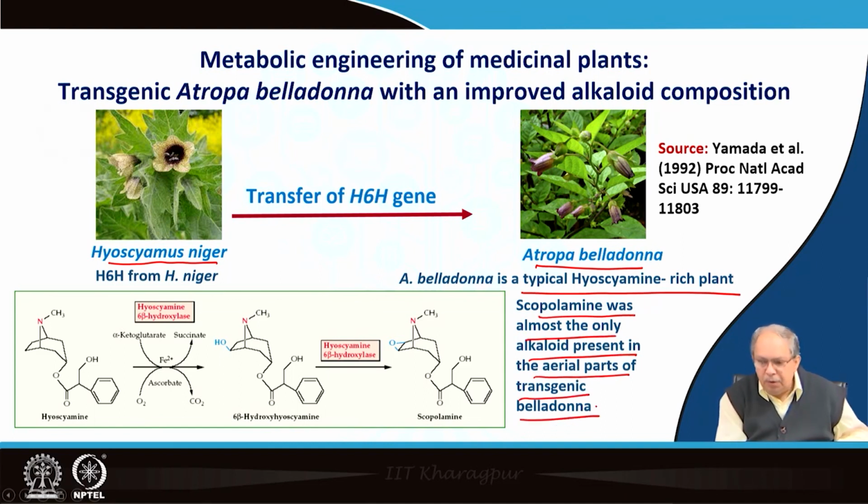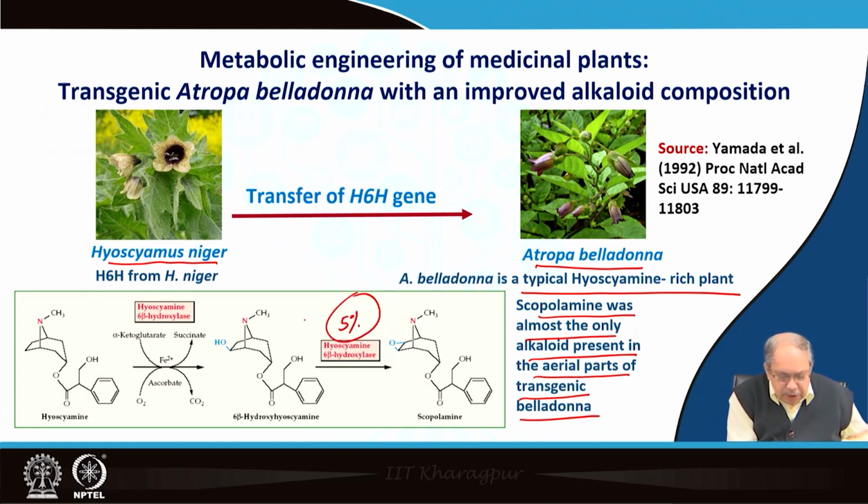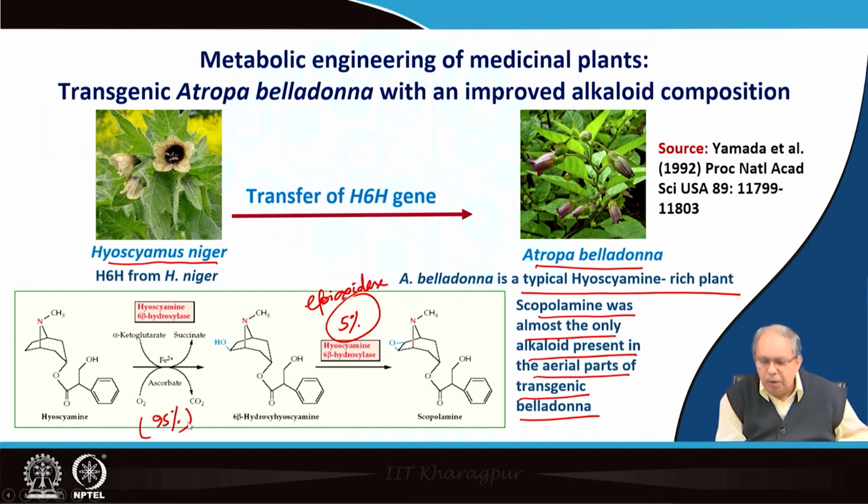We have confirmed that indeed 5% epoxidase is sufficient enough to convert the huge amount of hydroxyhyoscyamin into scopolamine, and this was the first metabolic engineering paper with tropane alkaloid, published in 1992.